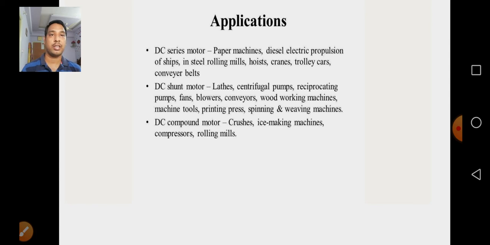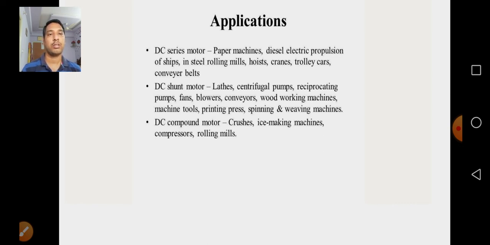They pick up very high speeds. Applications are lifts, cranes, rolling mills, trains, traction purposes, paper machines, diesel electric propulsion ships, trolleys, cars, and conveyor belts. For all these applications we can go for series motors.